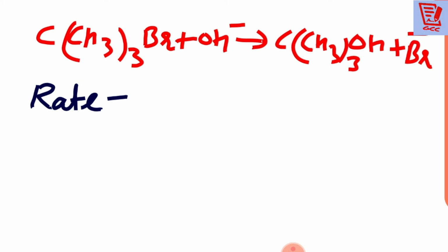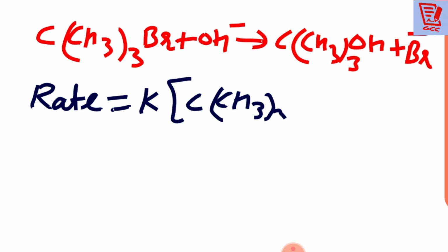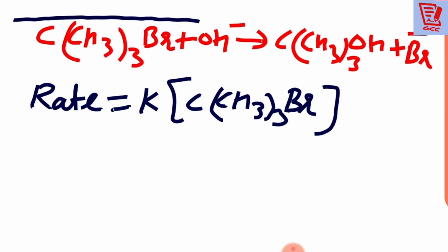Then rate equals K into [(CH3)3C-Br]. You will say, sir, please write OH negative also. But no, experimentally here the rate depends only on one reactant, so the power is 1.